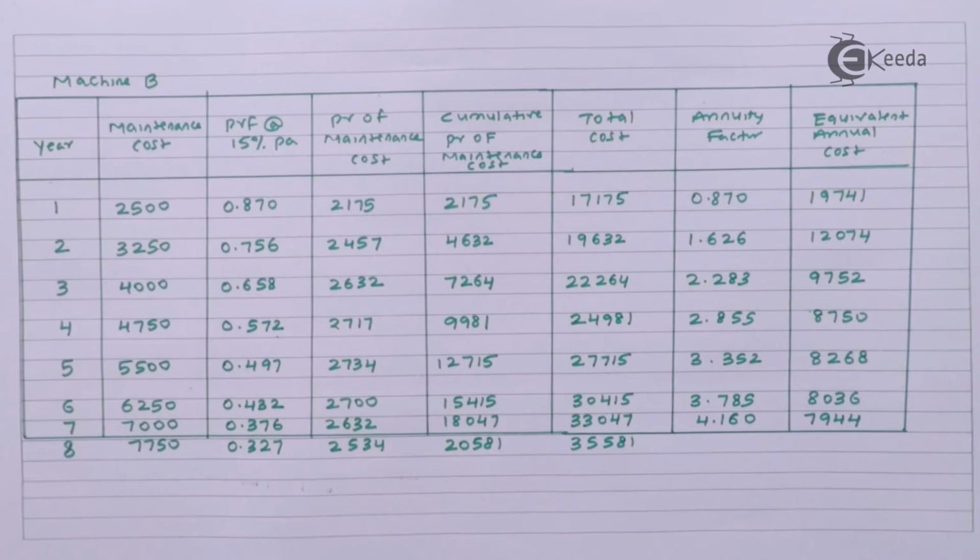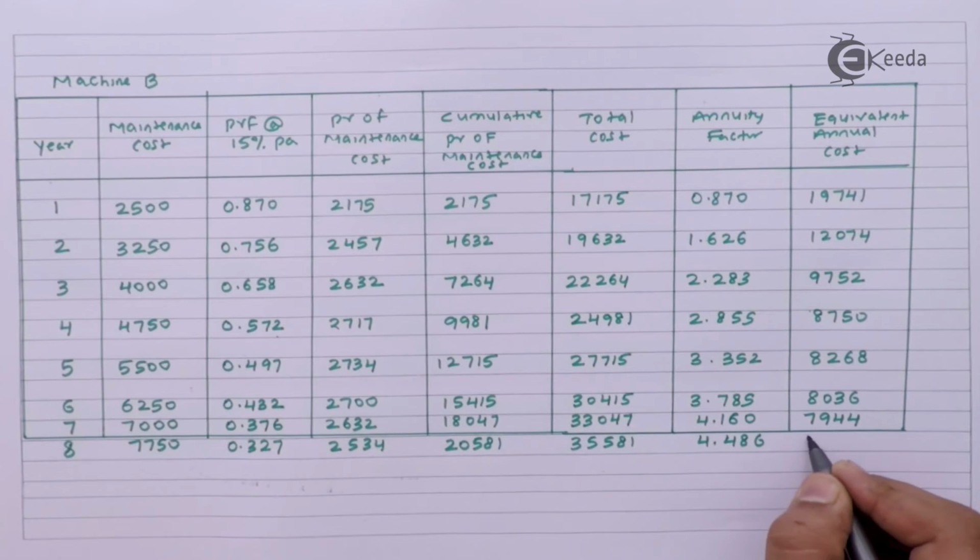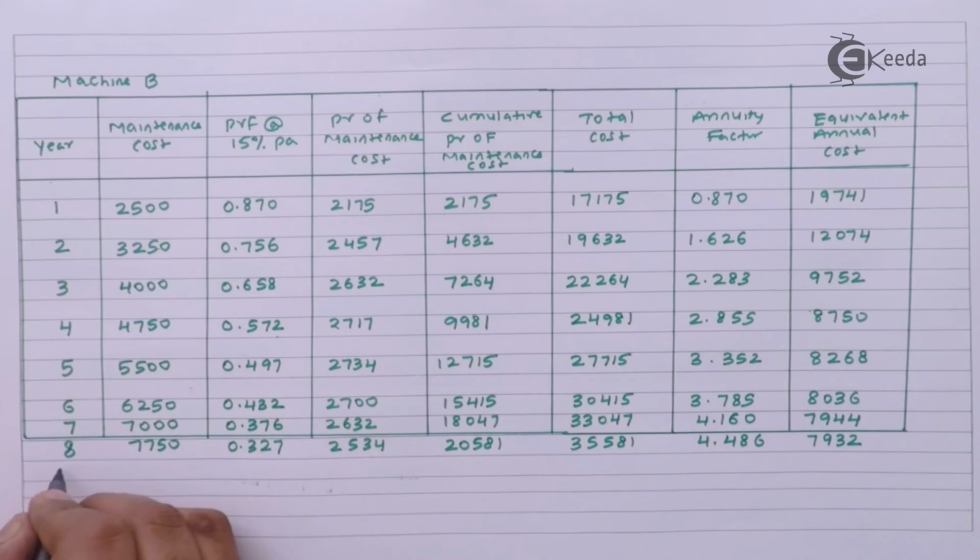Now for the 8th year it will be 4.486. So this comes to 7932. Cost और कम हो रहा है, तो I need to do for 9th year also.